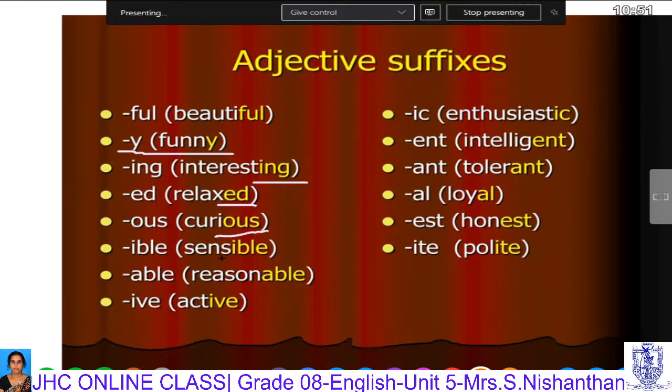Curious, sensible, reasonable, active, enthusiastic, intelligent, tolerant, loyal, honest, and polite. These suffixes give you the adjectives, right? These suffixes give you the adjectives. Yes.